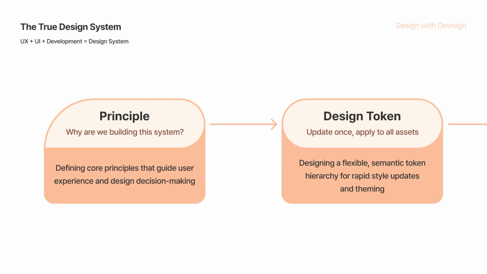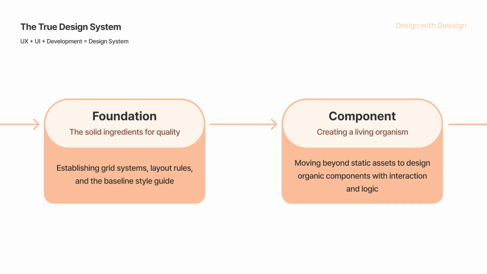Next is the design token. It is a magical stage where you can apply changes to all assets with just a single edit. The key here is to design a flexible, meaning-based token hierarchy so that you can respond quickly to style modifications or theme changes.